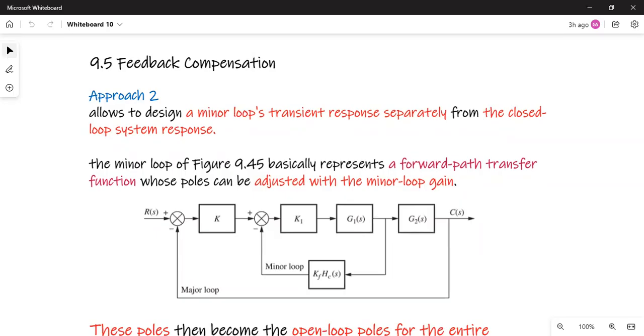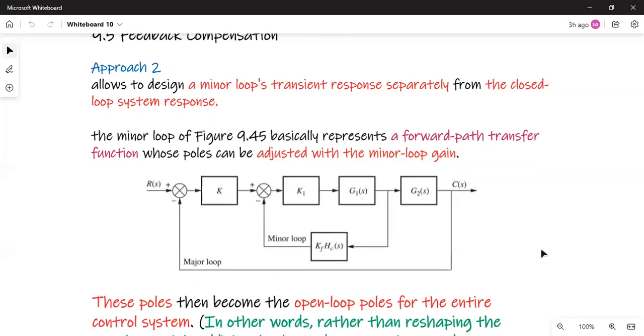If you look at this block diagram, you can see that this feedback one is basically a component, or a transfer function, that can be considered a transfer function of the forward path. So this can also be considered as a cascade component of your whole transfer function.